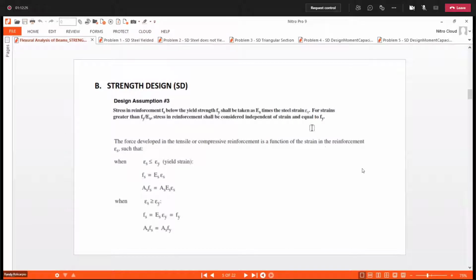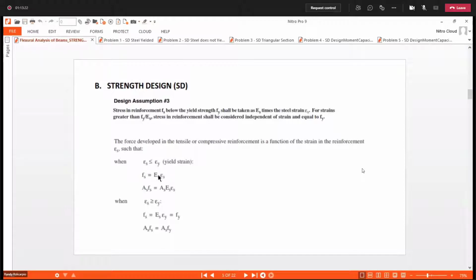This means that when your strain is greater than the yield strain, your stress in the steel is automatically equal to Fy. Now, if your strain in the steel is less than the yield strain, epsilon y, which is known as the yield strain, the stress in the steel is equal to Es multiplied by epsilon s. That will be your equation.